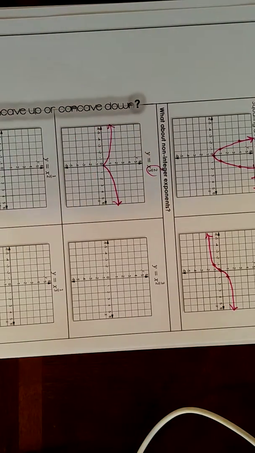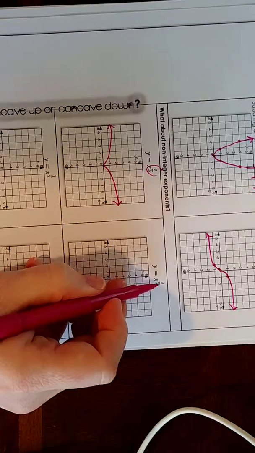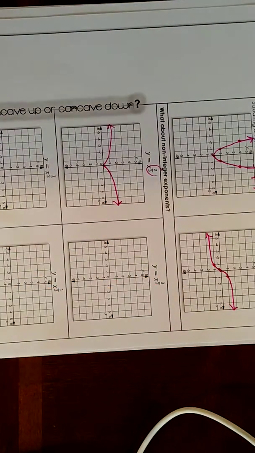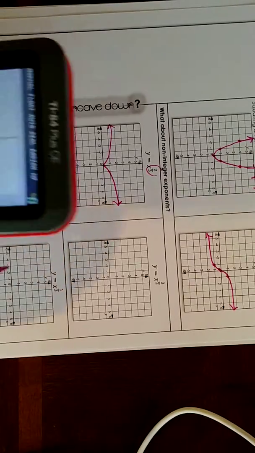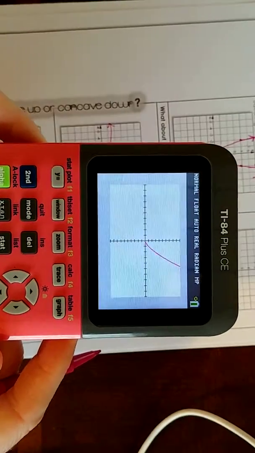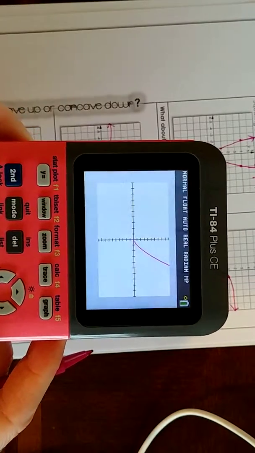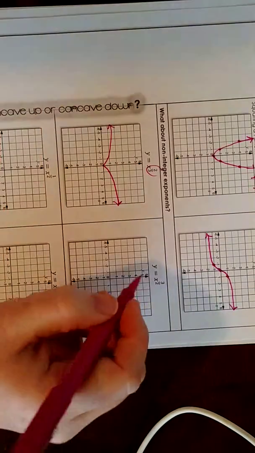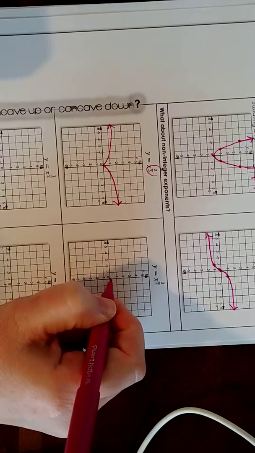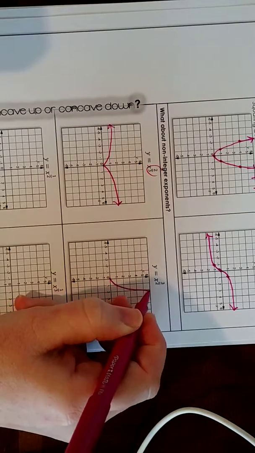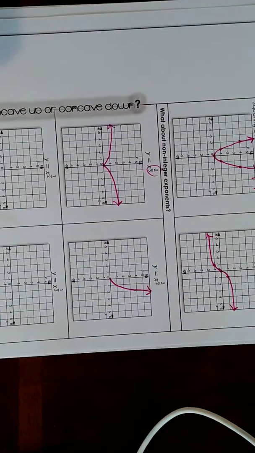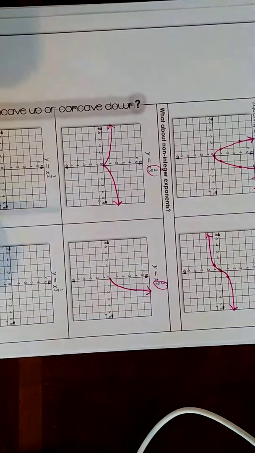Okay, if we have y is equal to x to the power of 3/2, okay, this is going to look like this. Okay, so that's something like this. All right, so that's 3/2.